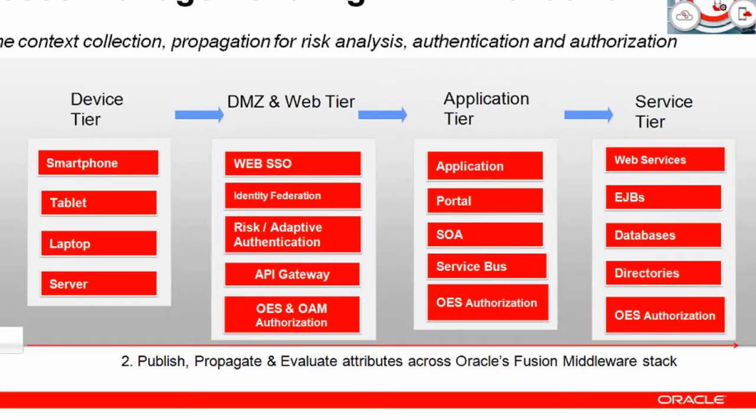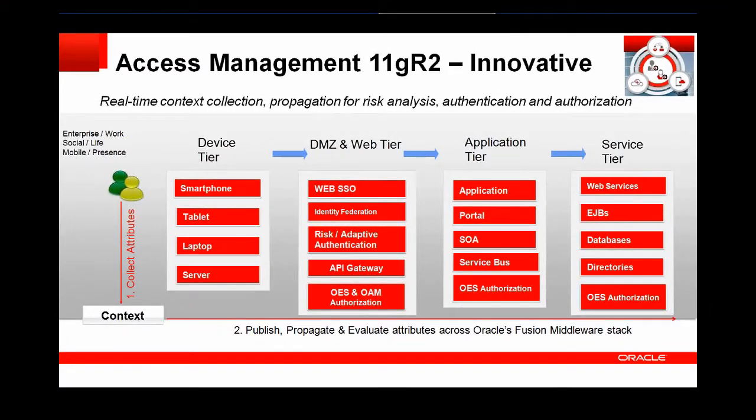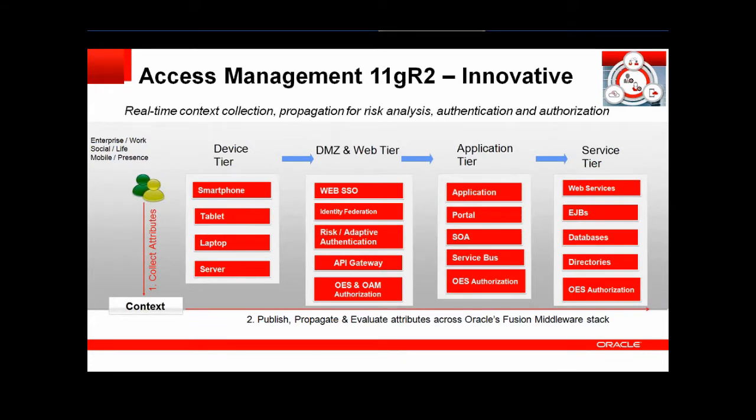So that's the typical use case that is possible because we gathered identity context information through these different tiers. That's one of the important things, and it's not only for the mobile solution, it's also for your non-mobile desktop applications.